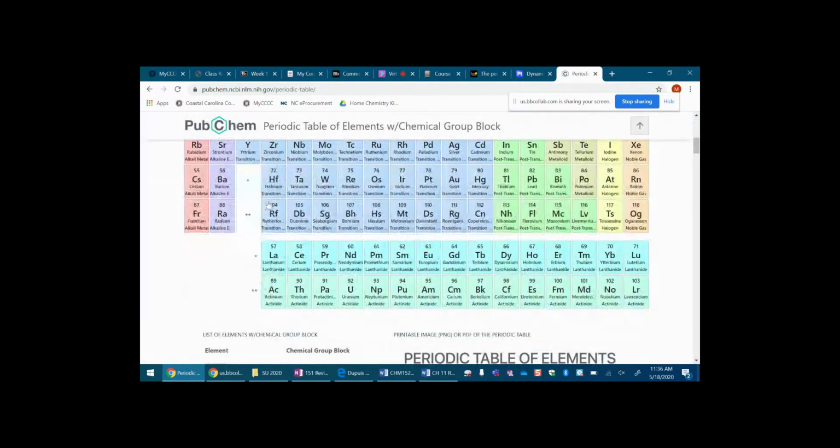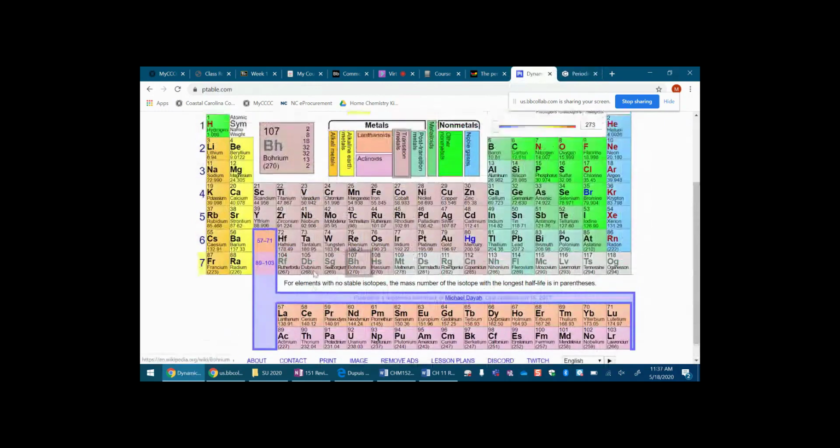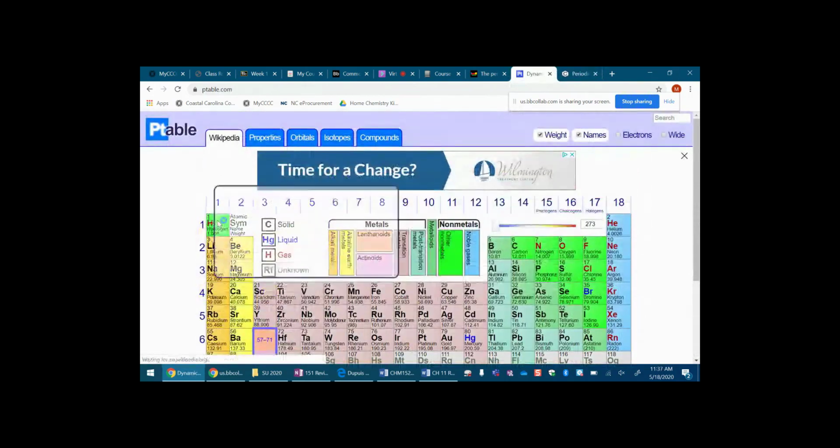There's other periodic tables they have. They've changed it too. There's a movement to change it, because lanthanum and actinium used to be right where the 1 star and 2 stars are, changing it because of how atoms behave electronically. I'm not too worried about that, okay? If we go back to this dynamic one, it tells you a lot if you click on it. So let's look at hydrogen.